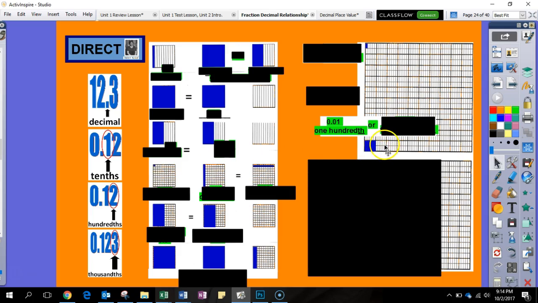And now if we look at the tiny rectangles, we may see that it takes 10 of those to make that 100th. So we could also name the same amount of shading as 10 thousandths. 0.010, 10 thousandths, because it's 10 little rectangles. These 2 decimals are worth the same amount, and maybe you're starting to see a pattern here where adding a 0 to the end of the decimal doesn't necessarily change its value, just changes the way you say it. So 100th is the same as 10 thousandths.